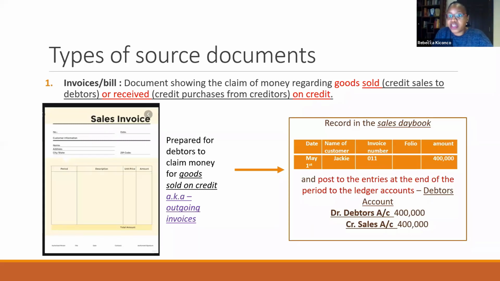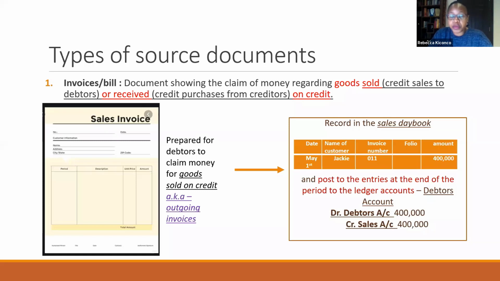After that, you have a total of your debtors, and you will find the total in the amounts column. What you shall do is you shall post.